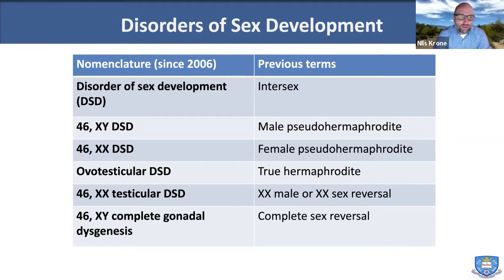you will be aware that since 2006, there's a more systematic nomenclature with 46,XX, 46,XY, and other forms of DSD, which made it more systematic clinically. You will be aware that there are discussions about the terms disorders of sex development or differences of sex development, but the classification for a diagnostic workup works quite well, and is by far more conclusive than previous terms.